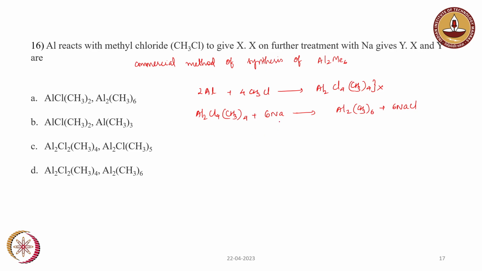And so the answer is option D, Al2Cl2(CH3)4 and Al2(CH3)6.